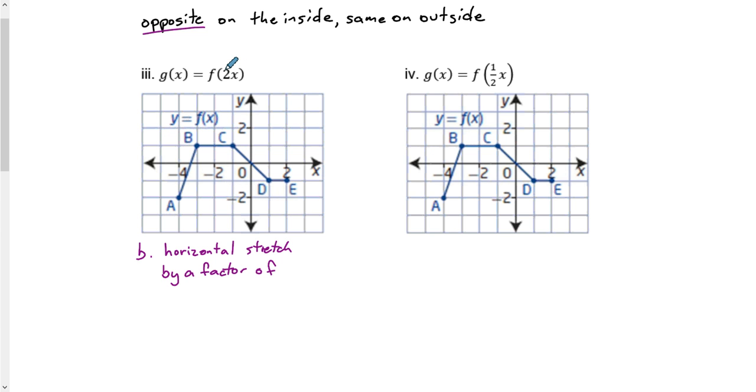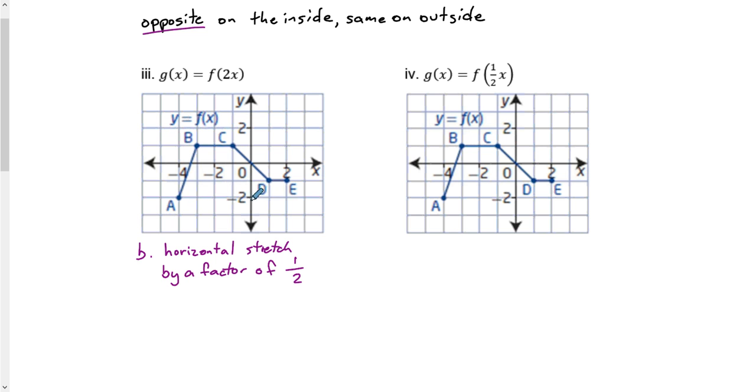Now I say opposite a little bit loosely, but the opposite of 2 is a half. So we are going to stretch this shape horizontally by a factor of a half.